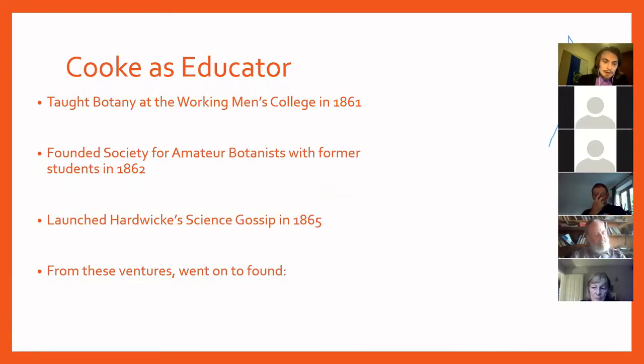We see a lot of quite famous future botanists and zoologists attend these meetings. What is so radical about it is you have working class naturalists co-associating with middle and even middle upper class groups. This continues for a while, and it eventually collapses. He also launched his Hardwicke's Science Gossip in 1865.